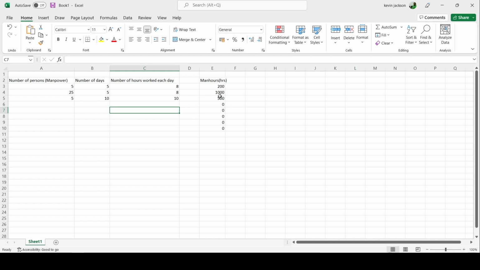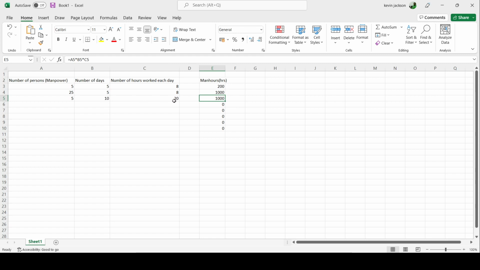If we put in 10, we get 500, right? So if we put in 20, we get 1,000. So these men would have to be severely overworked, working 20 hours a day for 10 days in order to achieve 1,000 hours of work. And of course, that's not sustainable. That's cruel to the human being.